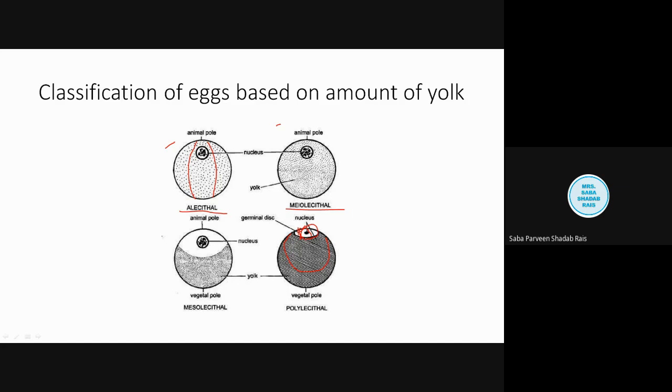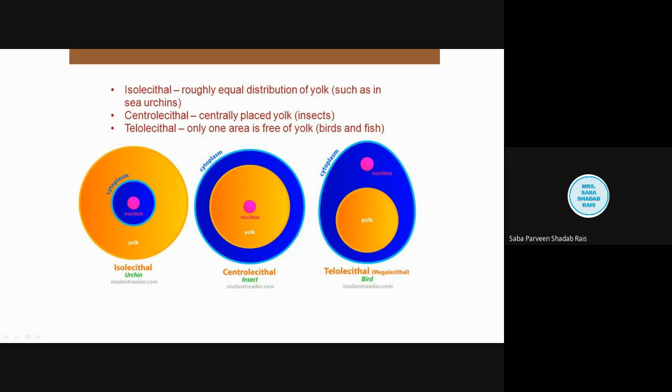But this yolk is distributed in various forms inside the egg. So the classification of eggs is also done on the basis of the distribution of yolk, because we know that animals have different amounts of egg yolk, so there is a variation in its distribution in the egg.